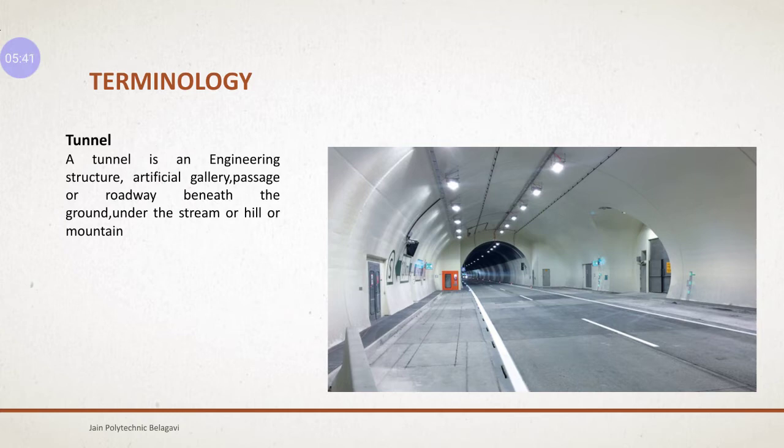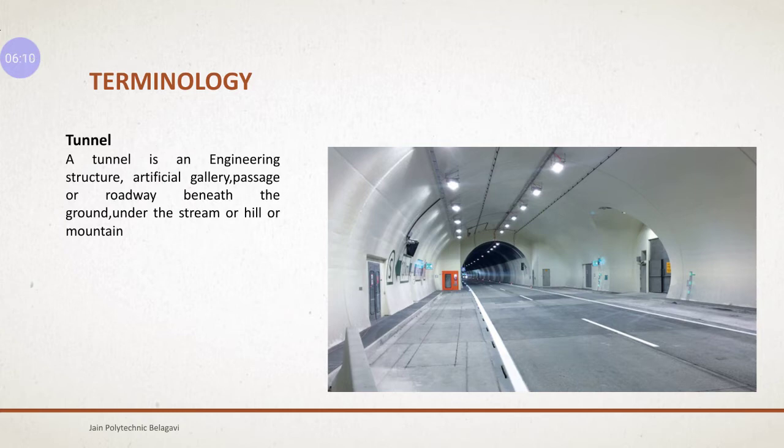This is a representative for you to understand how the tunnel looks from the inside. A tunnel is an engineering structure, an artificially made gallery, passage, or roadway beneath the ground, under the stream, or the hill or mountain. That is called a tunnel.